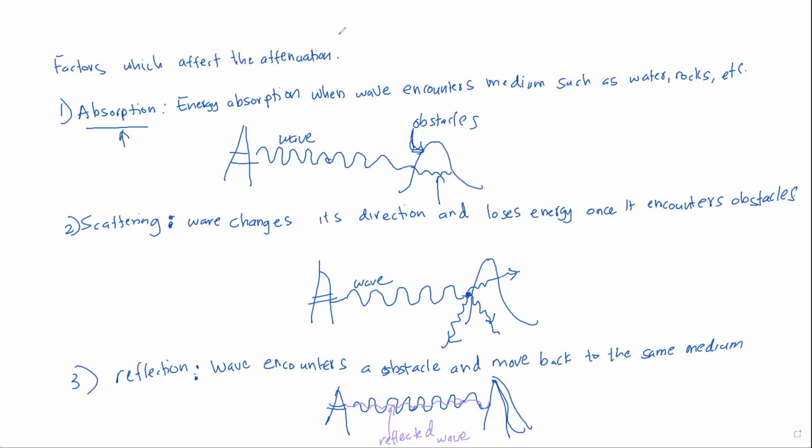The incident wave is the wave which is hitting the obstacle. The reflected wave is the part of the incident wave that is reflected back, and it will have a lower amplitude than the incident wave.